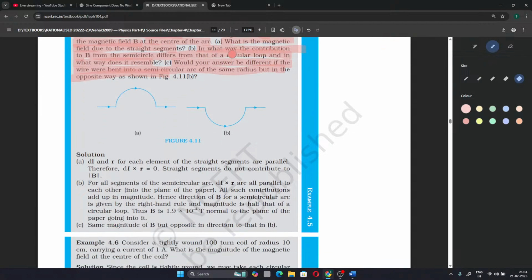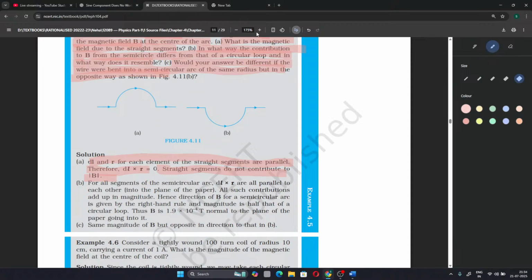For the first question, what is the magnetic field due to the straight segments? dl and r for each element of the straight segments are parallel, therefore dl cross r is equal to 0. Straight segments do not contribute to the magnetic field. dl and r are basically the small length element and the position vector.